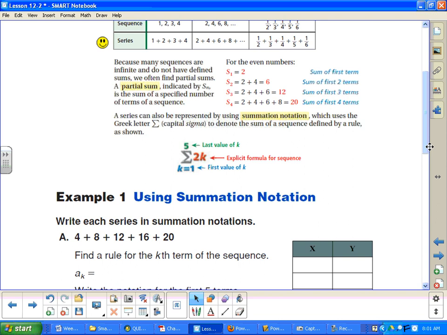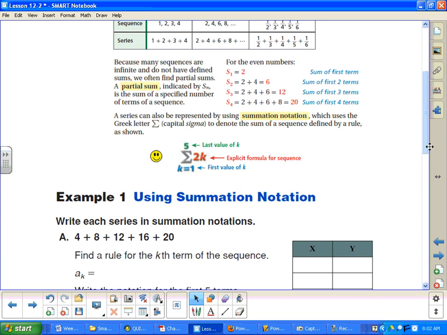Then we have this thing called summation notation. This is the Greek letter sigma, capital letter. And we're going to be using sigma to represent summation notation. And here's how summation notation works.